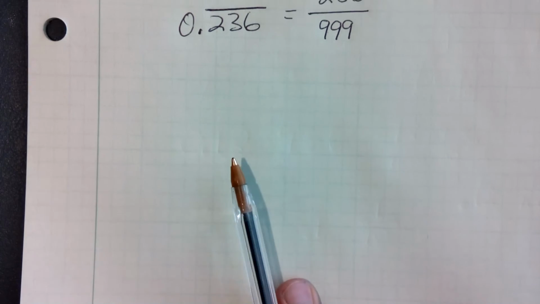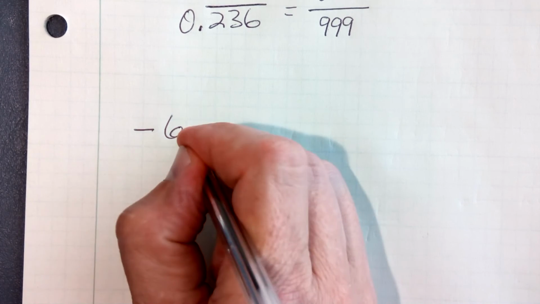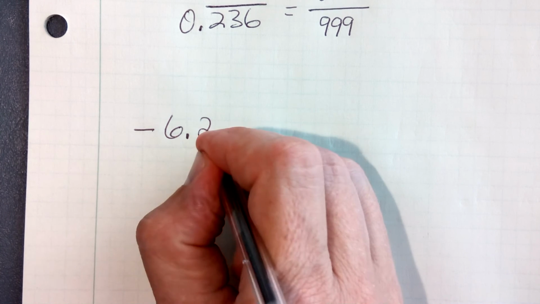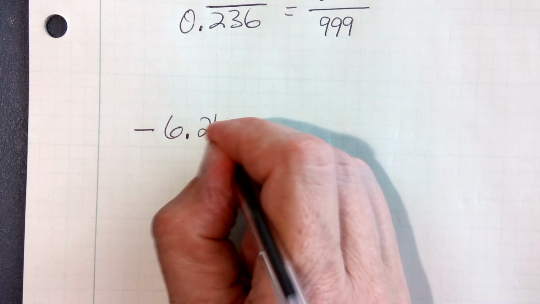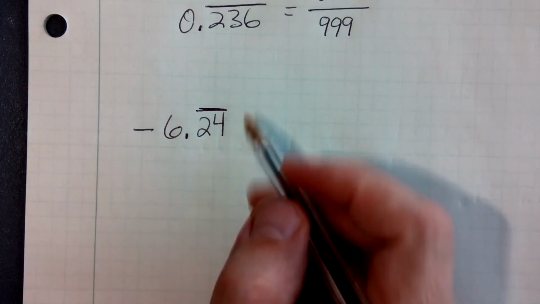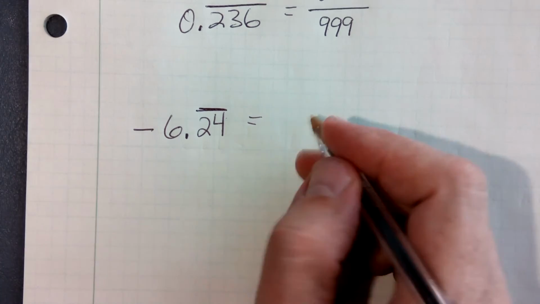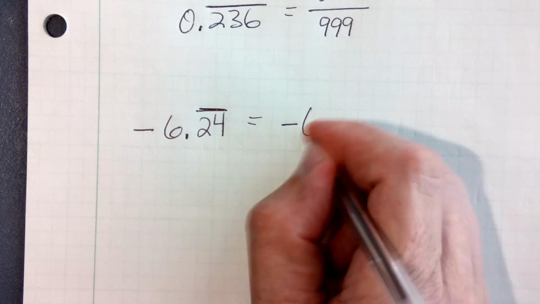Let's do one more. Let's take negative 6.2, let's do 24 repeating, okay? Now again, like our terminating decimals, I'm not going to worry about the whole part. I know it's going to be a negative 6 and some fraction.